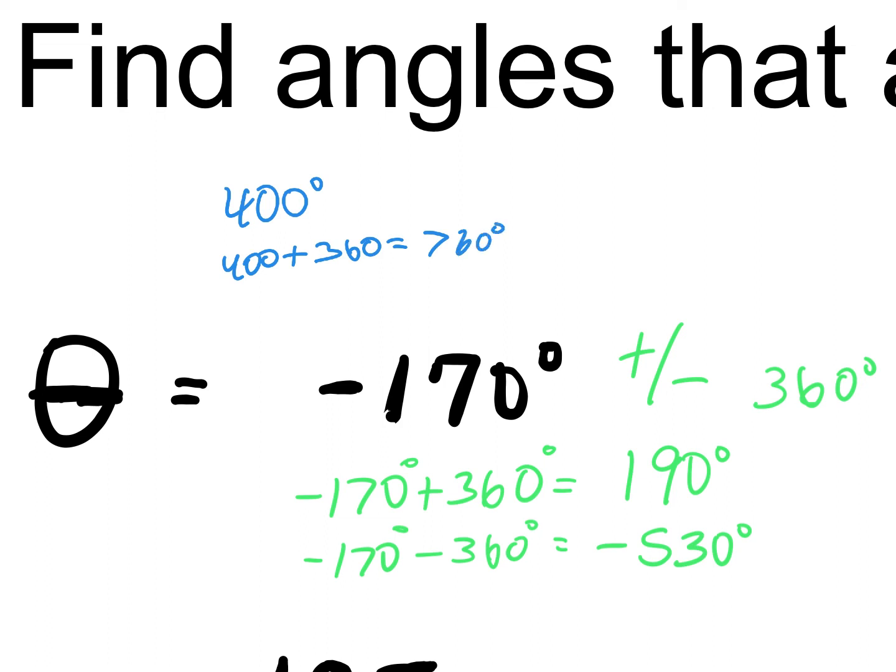Now I need the negative one. 400 minus 360 is how much? 40. Wait, that's not negative. What do you think I should do? No, I need a negative. I'm going to minus another circle. You just minus 360 again. You just keep adding till you get a positive, and keep subtracting till you get a negative. So circles would go around like 2 times? Yep. That's the beauty of coterminal. You can go around 100 times. You'll still get the same thing.